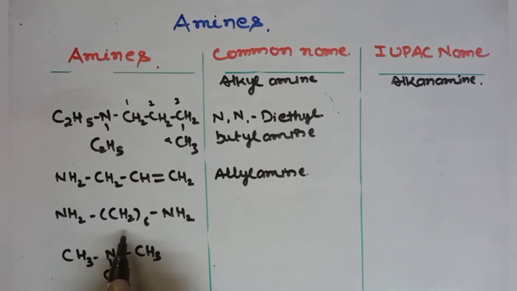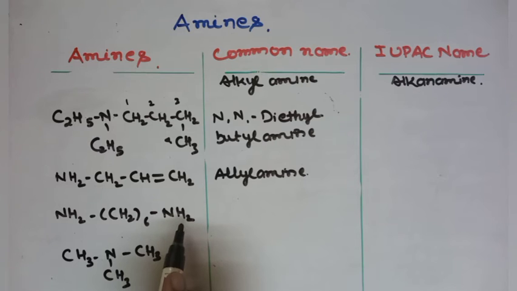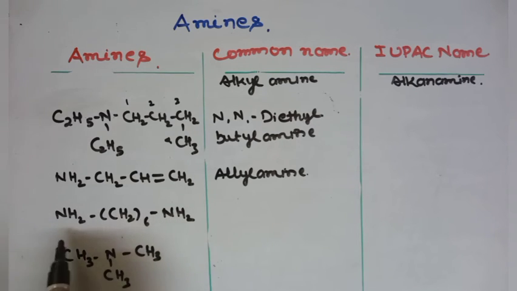This one has 6 carbon atoms. So it is hexyl. On both sides we have the NH2 group. What do we call this NH2, children? This one will be called hexamethylene and diamine.